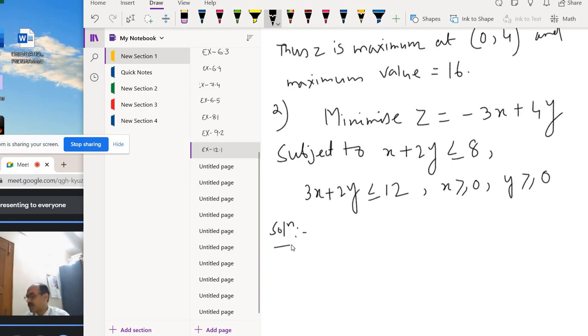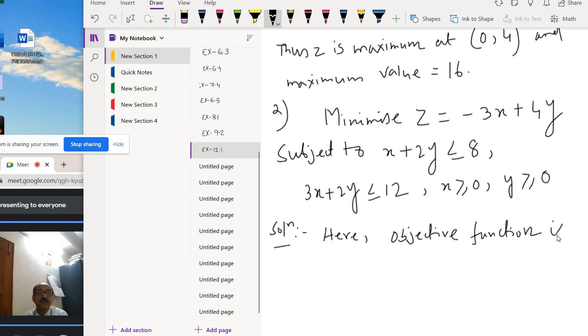So your objective function is z equal to minus 3x plus 4y.